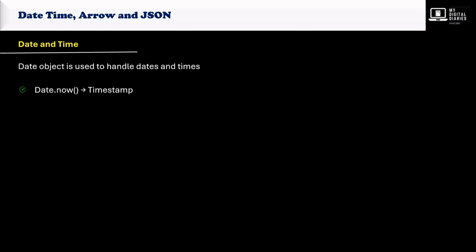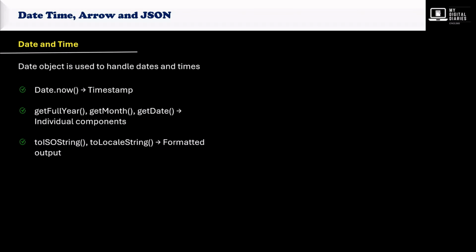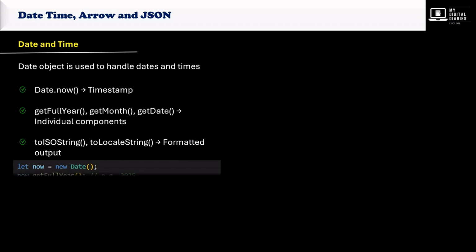The method Date.now gives us the current timestamp. If you want individual parts of the date, we can use methods like getFullYear, getMonth, and getDate. And for formatted output, methods like toISOString or toLocaleString are very useful.